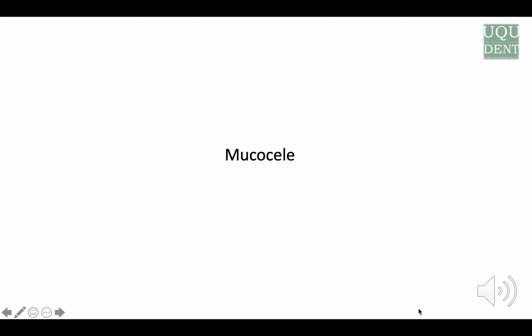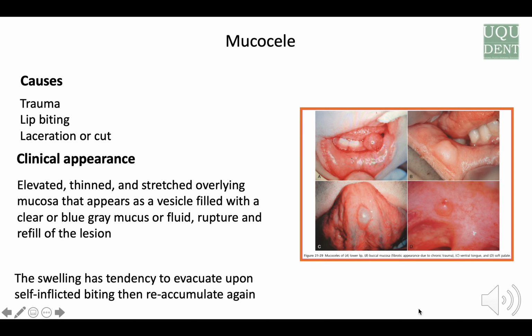We'll start talking about the first disorder for today, which is the mucocele. The mucocele is the salivary gland cyst which contains mucus. It's caused by a trauma like lip biting or laceration. As you can see in the picture, it can appear in the lower lip or buccal mucosa.